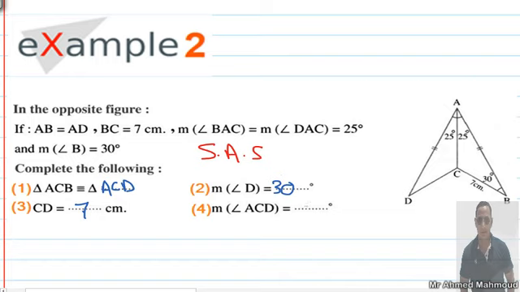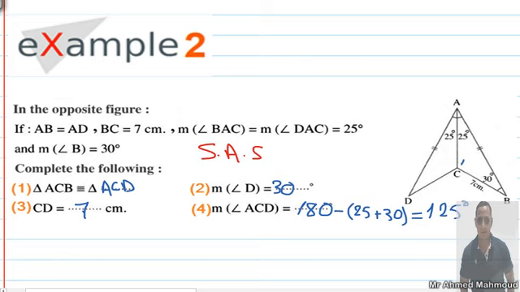We have a triangle, the sum equals 180. Then it equals 180 degrees minus open brackets 25 plus 30, equals 125 degrees.